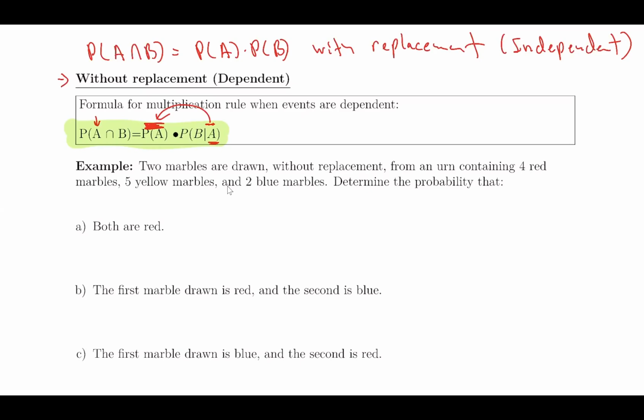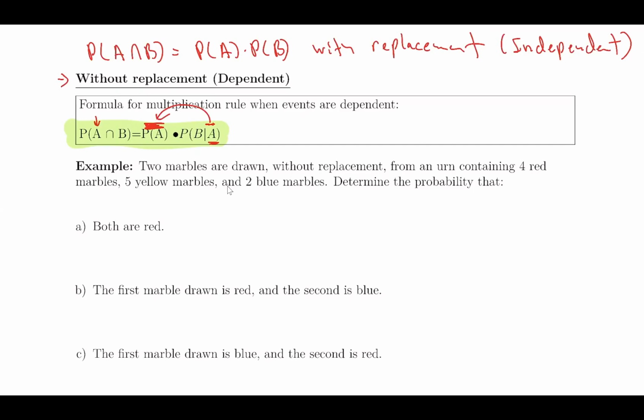So it's saying find the probability of B occurring given A has already occurred. We're going to use this formula to find the probability of A and B. Right now it might seem a little bit difficult, but once we actually do the problem, it should become a little bit easier.